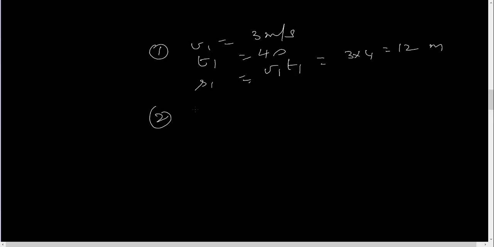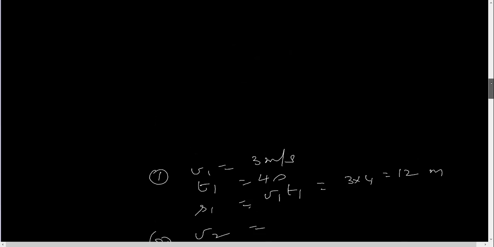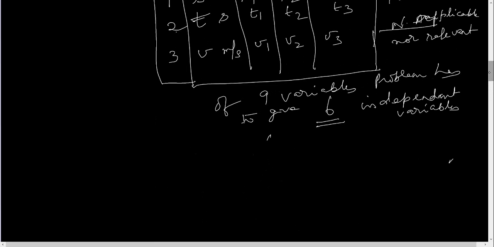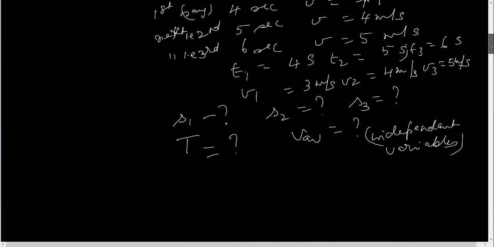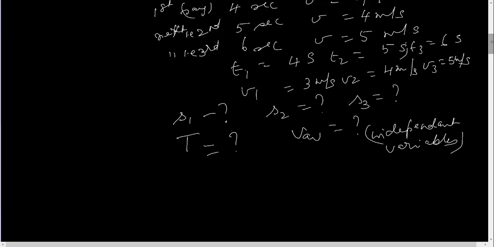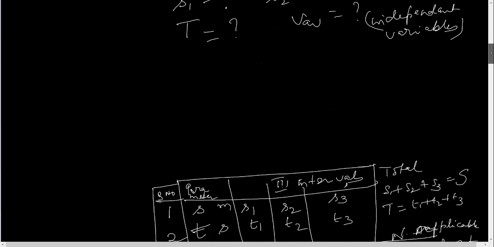The second one, V2 equal to 4 meter per second, and T2 is 5 seconds.